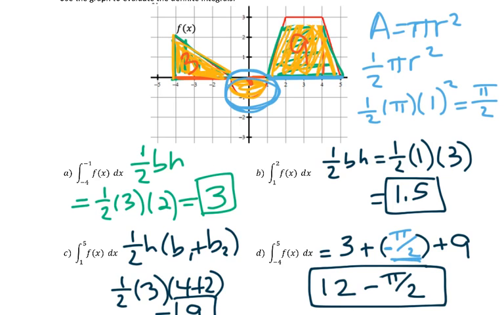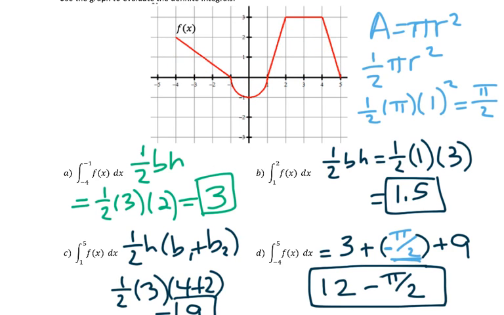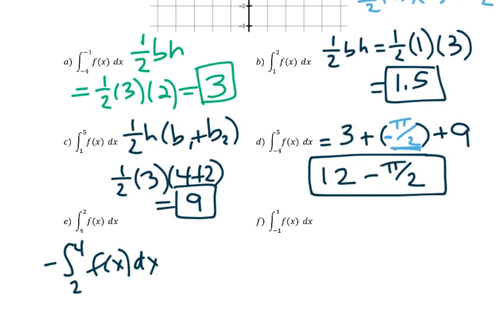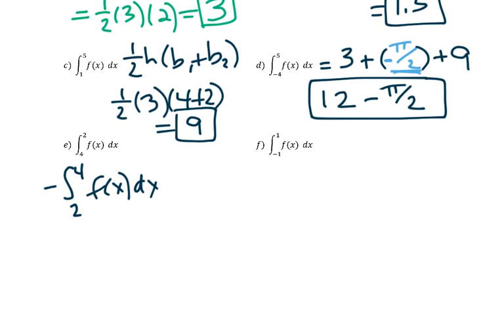So I'm going to have to erase some of this stuff here. Alright, so from 2 to 4, oh great, this is just a rectangle. So the base is 2, the height's 3, so I've got 6 there. So that is just negative 6.